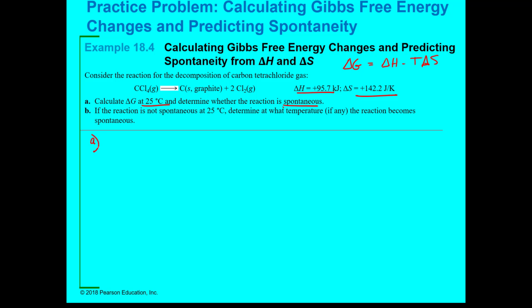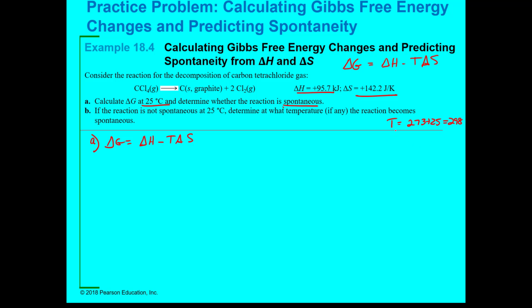In the first part of this, delta G is equal to delta H minus T delta S. Now you got to make sure that you change one of them, okay? So we know T is going to be 273 plus 25 equals 298 Kelvin.